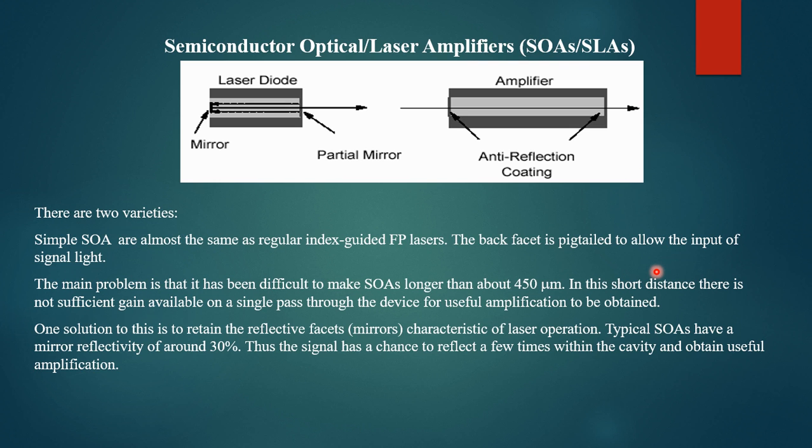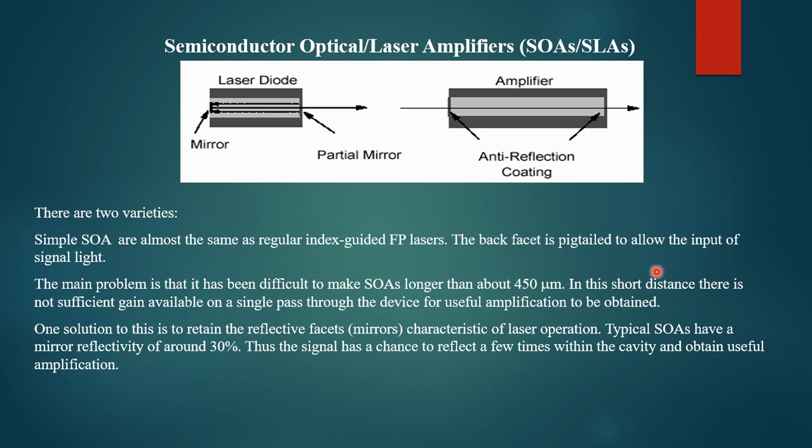The next one is the semiconductor optical amplifier, also called the semiconductor laser amplifier, SOA and SLA. These amplifiers have a similar structure, but the anti-reflection design elements at the end faces are different.